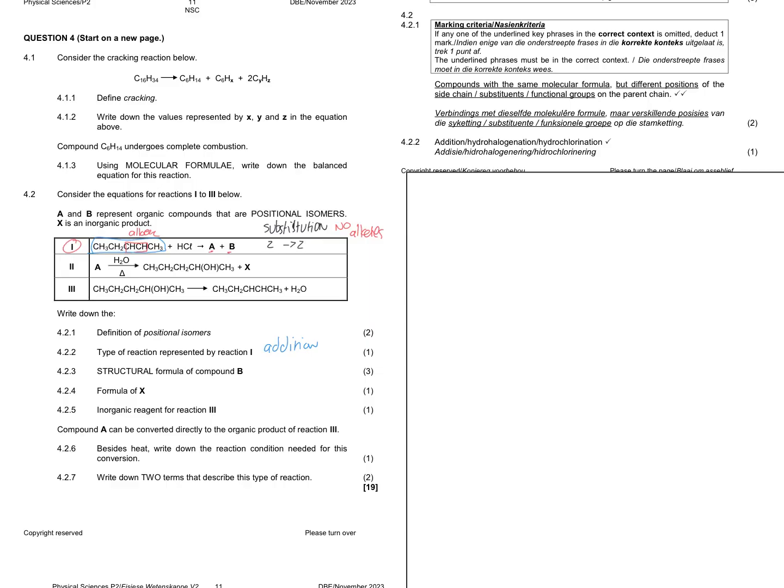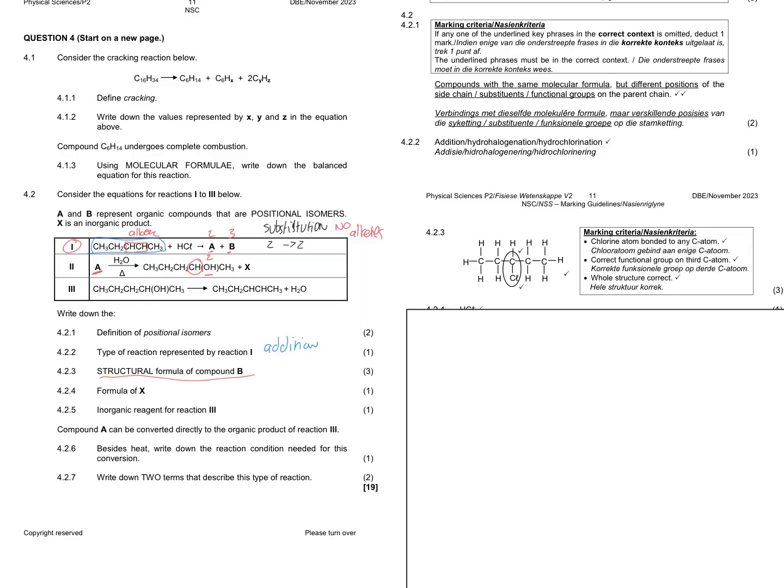So now at this point, they took A, and here they added an OH, and it got added onto the second carbon. So this must be 2-chloropentane, and this must be 3. So what we want to draw for the structural formula of compound B, we want to draw 3-chloropentane.